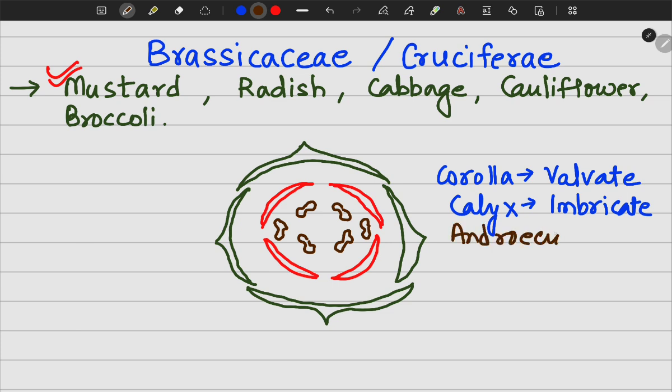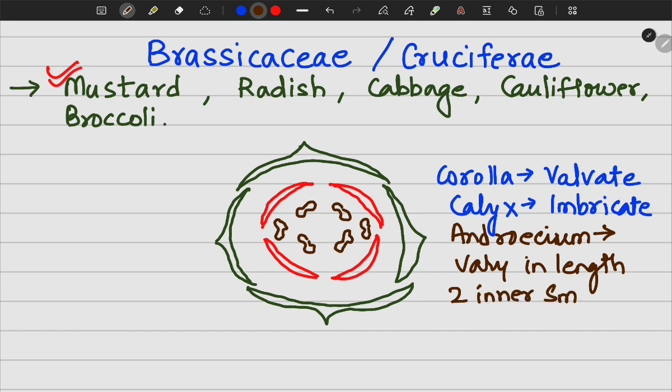The androecium varies in length: two inner smaller stamens and four outer longer stamens. So there is a total of 6 stamens.